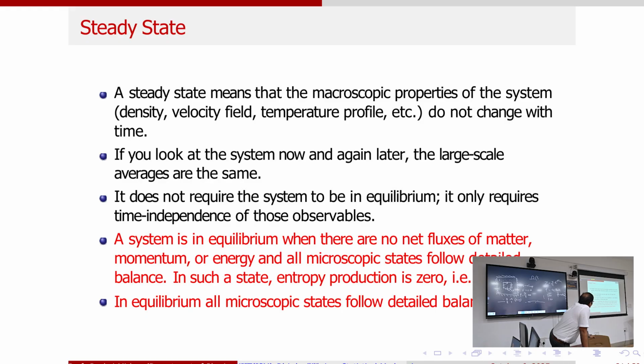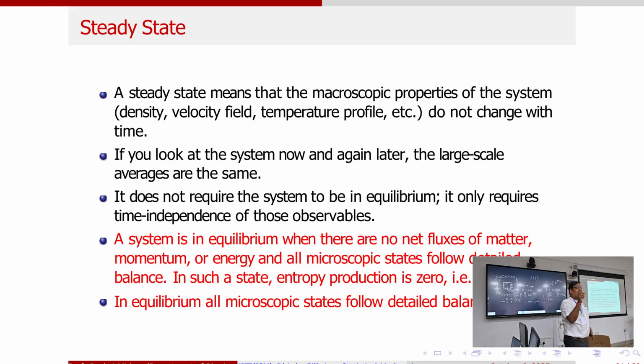If you look at the system now and again later, the large scale averages remain the same. The property remains the same, so it does not require the system to be in equilibrium. It only requires time independence of those observables. That's all.